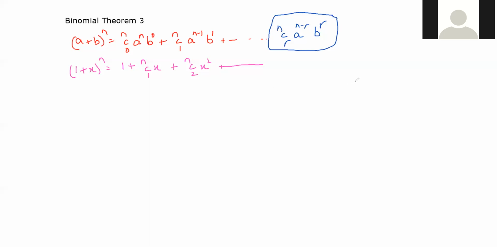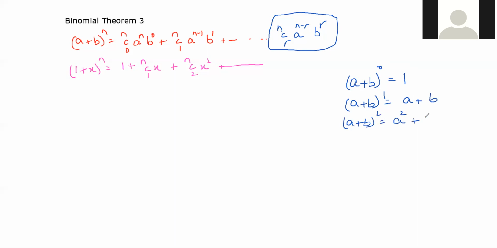Remember, for example, if there is (a plus b) raised to power 0, it is just equal to 1. When the power is 0, you just have one term in the expansion. When you have (a plus b) raised to power 1, then this is a plus b. There are two terms. When you have (a plus b) whole square, you have three terms.